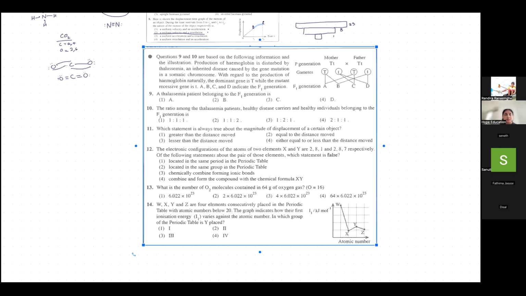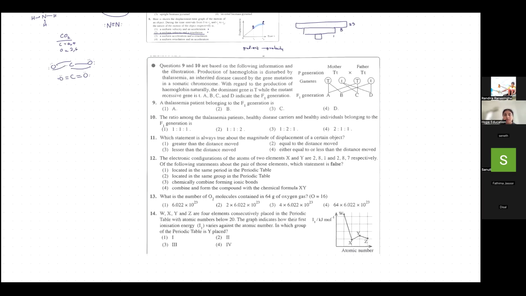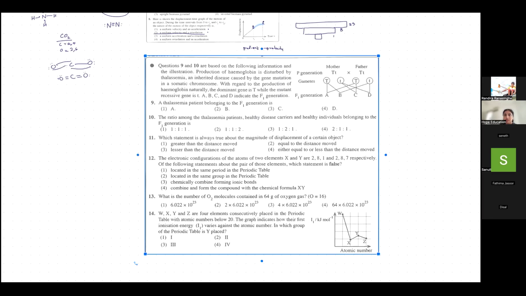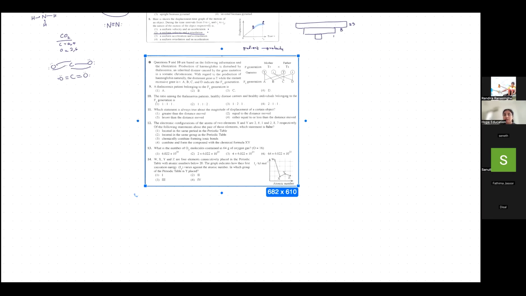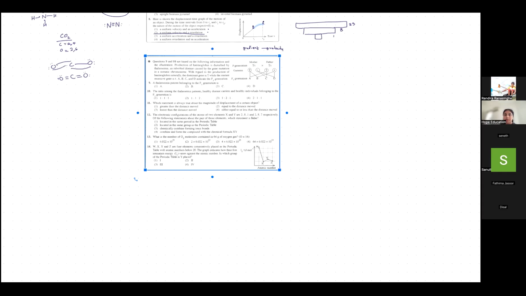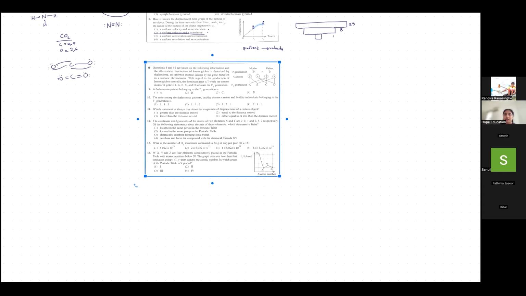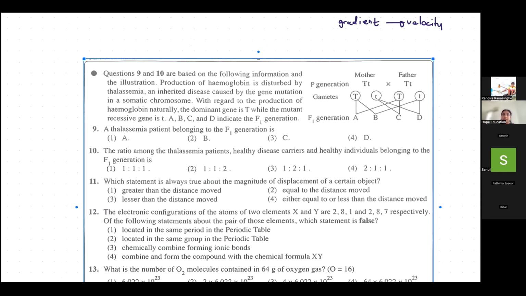Some of the students said that the Southern Province paper is a bit difficult, that's why. I have a little bit more to make there.